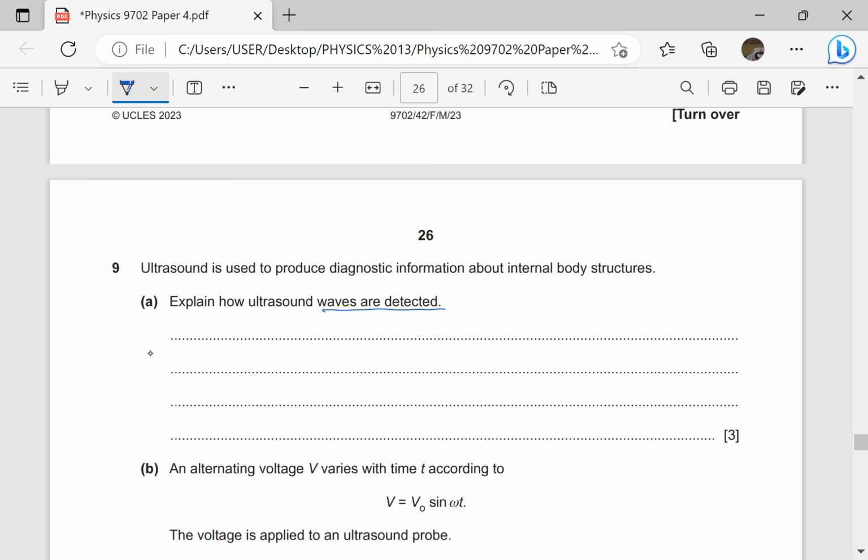Remember, at the center of the piezoelectric transducer is a piezoelectric crystal, which is normally quartz.